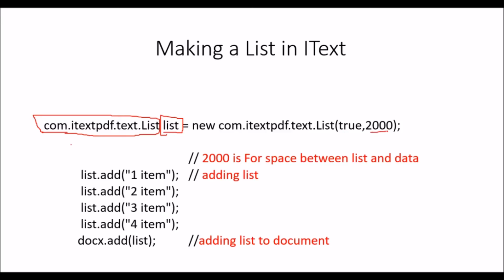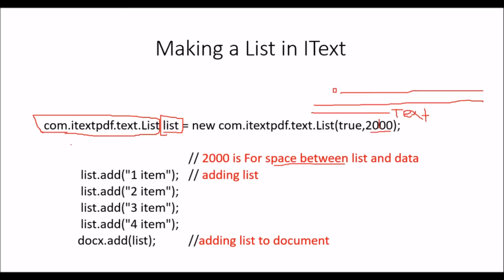This 2000 is nothing but the space. If you have a list here, the 2000 means around 2.5 lines or 2 lines, and then your text comes here.